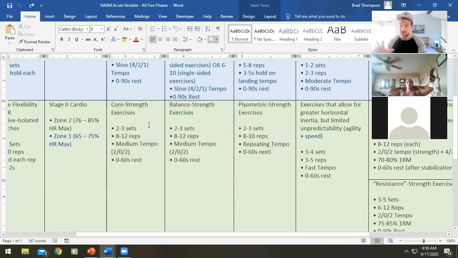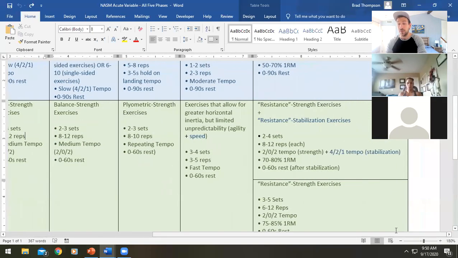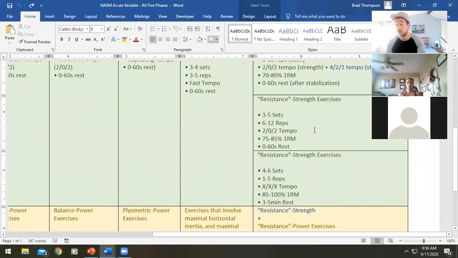All of that strength stuff is the same, and in their warm up too, their overactive stuff, their flexibility, all that's the same. There's no such thing as a hypertrophy core exercise. There's just strength. There's also no such thing as a hypertrophy exercise. There's just strength exercises. There's hypertrophy reps, which is 6 to 12.